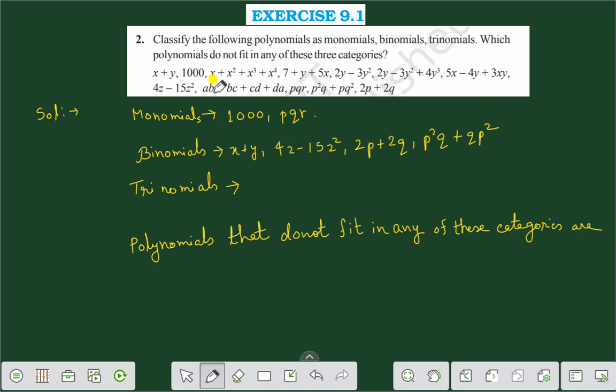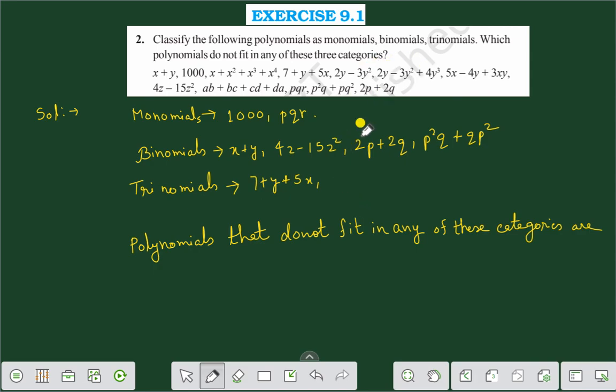Let us find the trinomials. That is 7 plus y plus 5x. This is a trinomial.